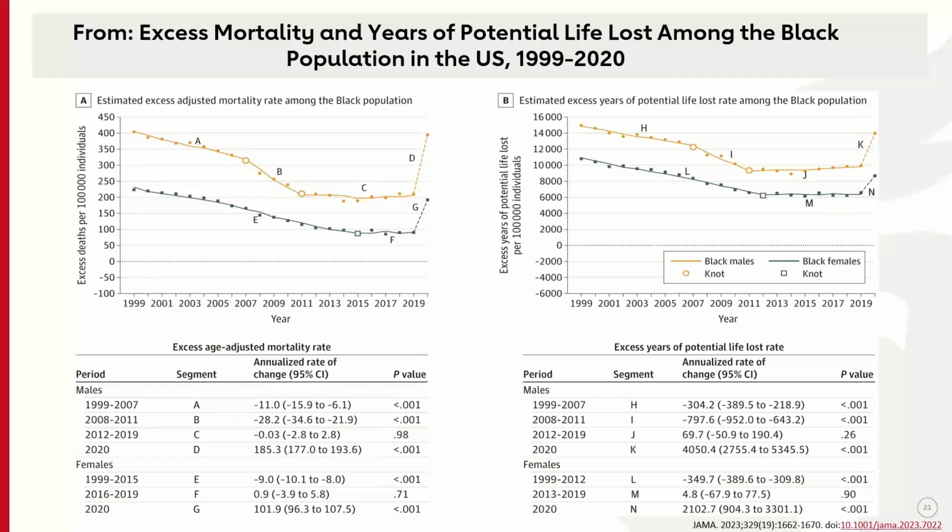And in this slide on the left, you see the excess adjusted mortality rates for both African American men and women. And there were about 1.8 million individuals with excess mortality. And as you look at the number of years lost, there is significant impact for both African American men and women, 80 million years of lives lost, as reported here.